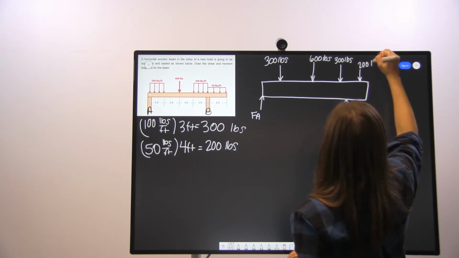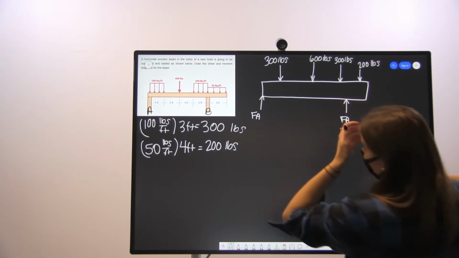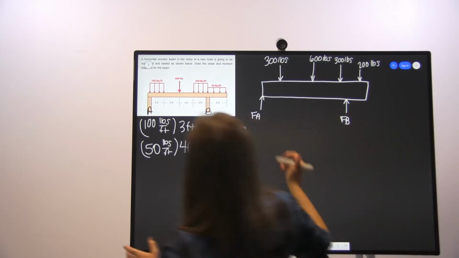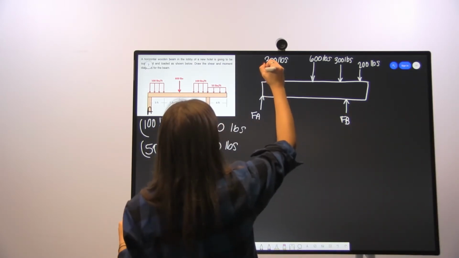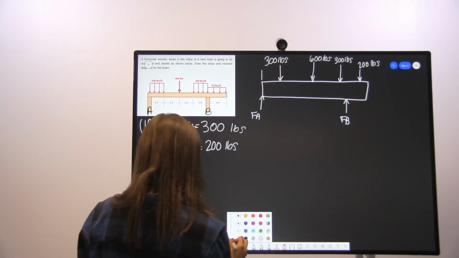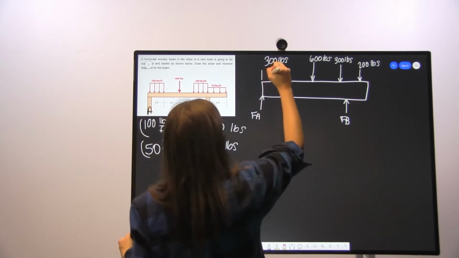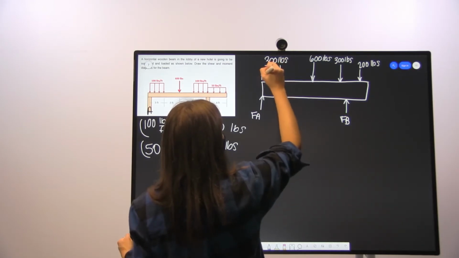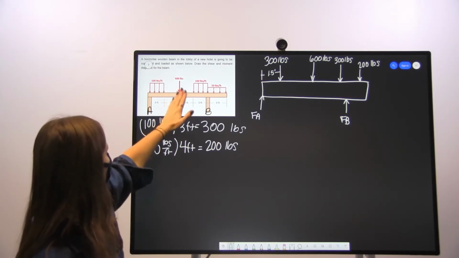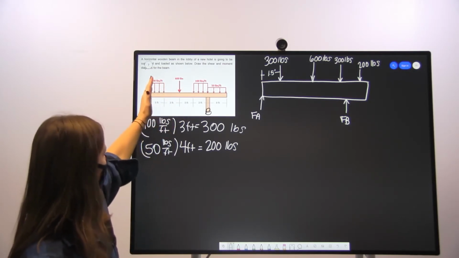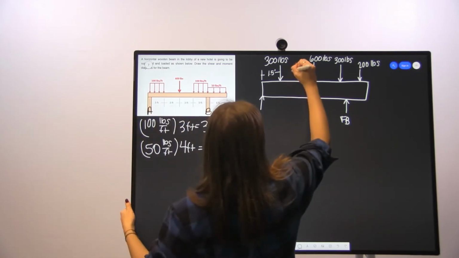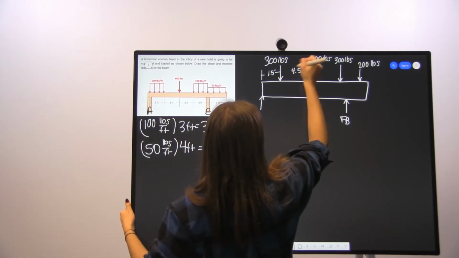200 pounds. Okay. And then the distances separating all of these: from here to here is 1.5 feet. And then from the equivalent point load to the 600 pounds, that's 4.5 feet.